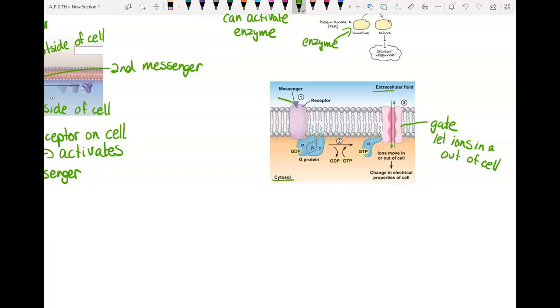Here's your hormone, here's your receptor, here's your second messenger. When the hormone binds, it activates the second messenger, and then the second messenger goes and opens the gate to let ions in or out. So the other thing a second messenger can do is to open a gate, and you let ions in or out.